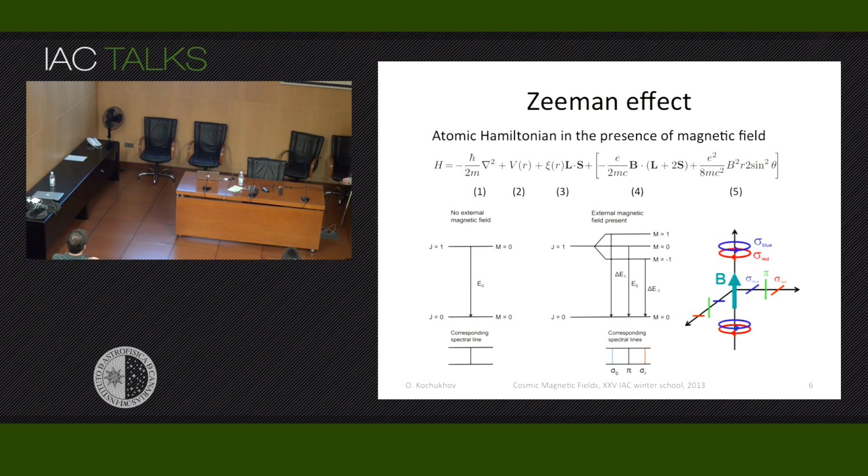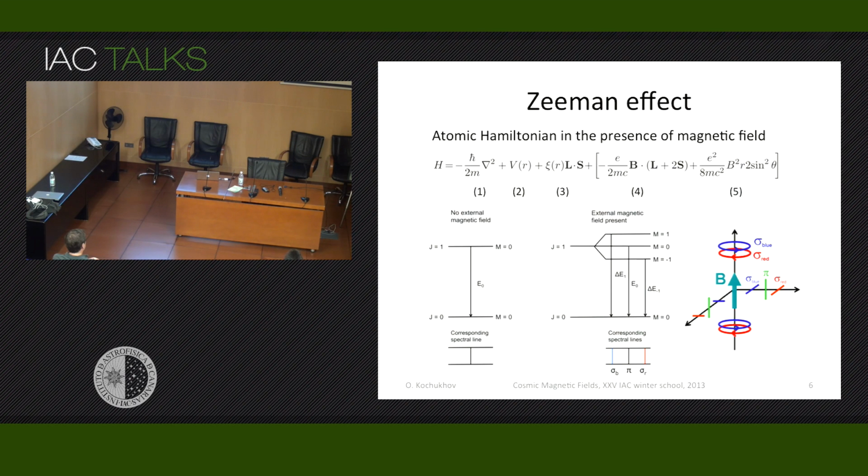Furthermore, these components are also polarized, and this scheme is supposed to show you how this polarization looks. This is the vector of magnetic field B, and if we look from the top, if our line of sight is aligned with the magnetic field vector, we see only sigma components, and these sigma components are polarized in the opposite sense.